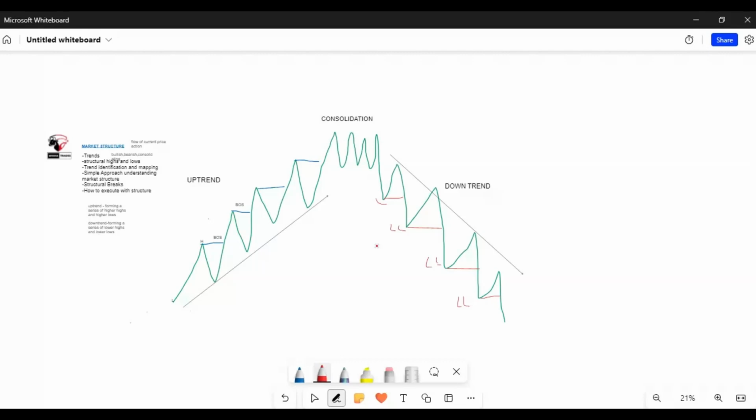Then we shall look at targeted and protected structure on a chart. Then I'll do a separate video on just how to execute with structure. It will be a long video because I'll also be giving a few strategies you can use when executing with structure, first with candlesticks, then with trend lines and a few more concepts, basically support and resistance.